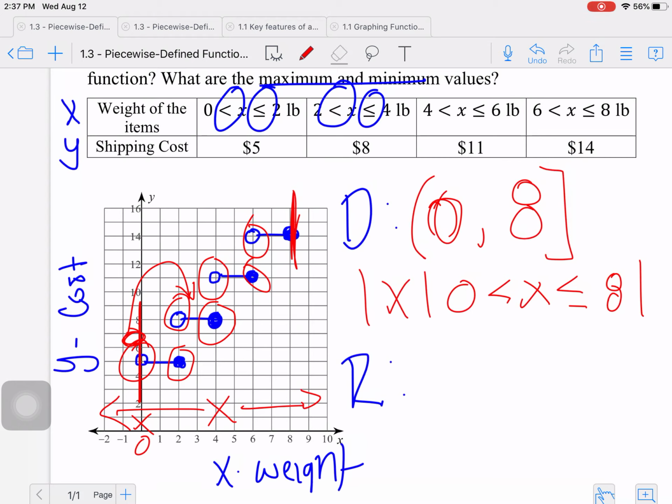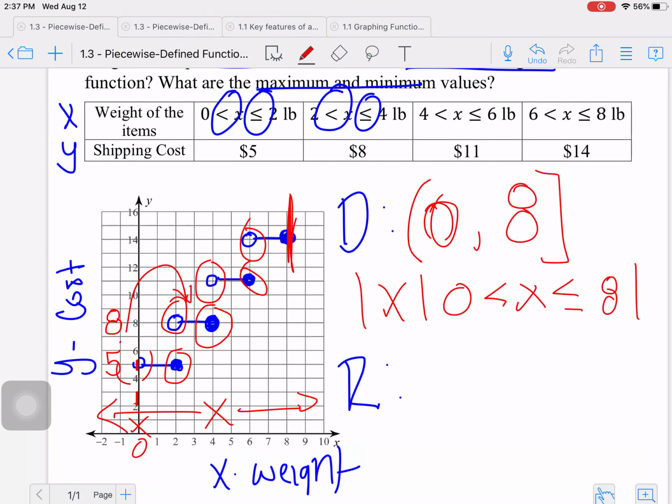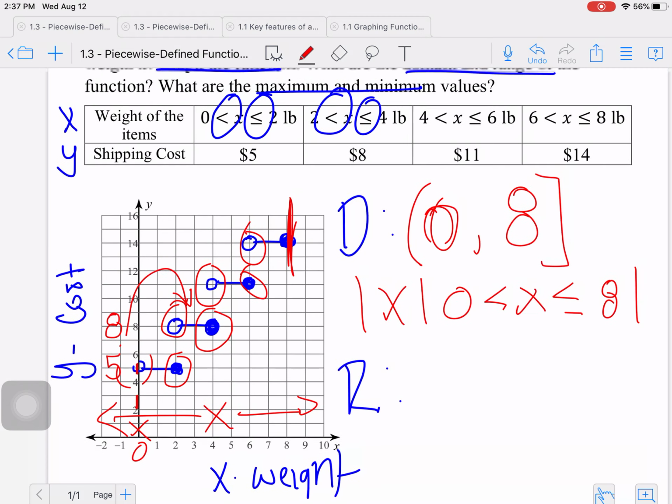So if I erase this real quick so I can see it, I see that my first range is 5, and then it jumps to 8, and then it jumps to 11, and then it jumps to 14. So my range is actually 5, 8, 11, and 14. Okay, and that is the way you're gonna be writing those.